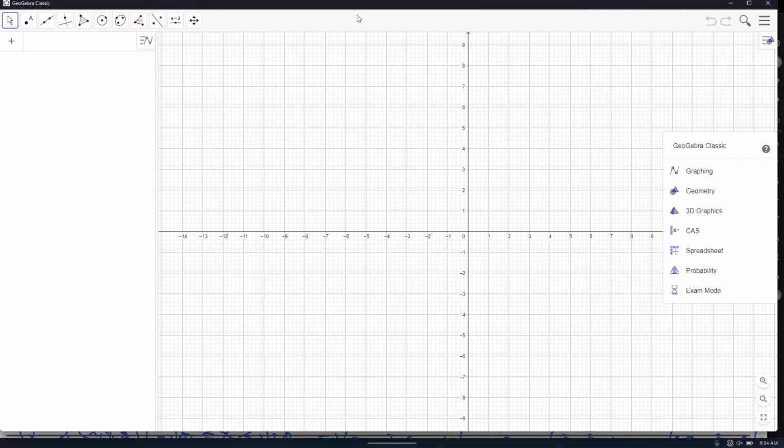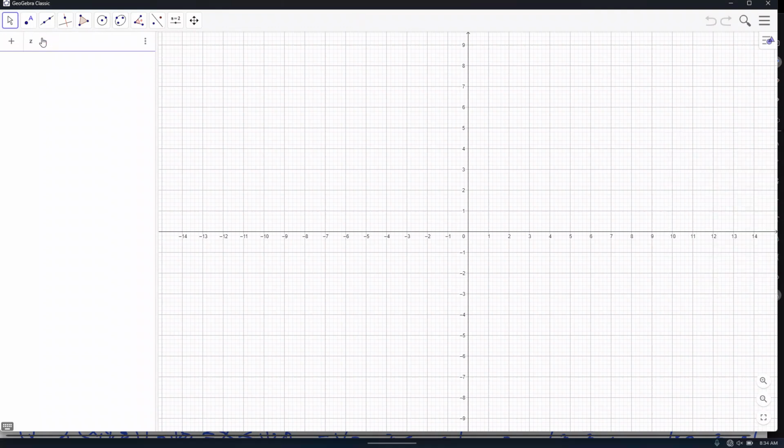There is a huge difference between having z squared and z equals the square root of x squared plus y squared.